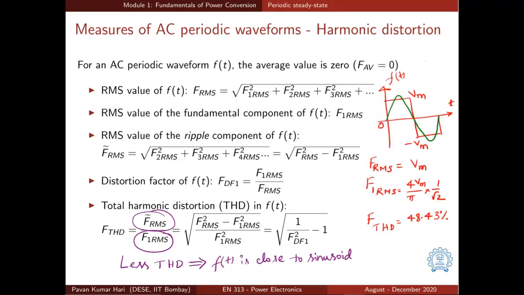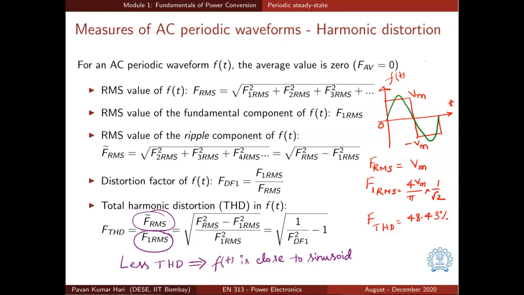Considering the square wave as an example, which is shown in red color here, the square wave has a positive maximum value of Vm and a negative maximum of minus Vm, and its fundamental component is shown in green color. The RMS value of the square wave is just Vm, and the RMS value of the fundamental component of the square wave, which is the RMS value of the green color sinusoid, is given by 4 Vm by pi into 1 by root 2.